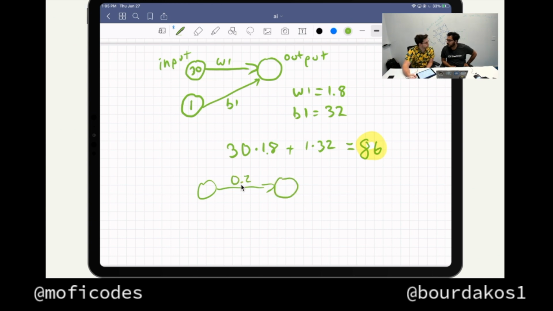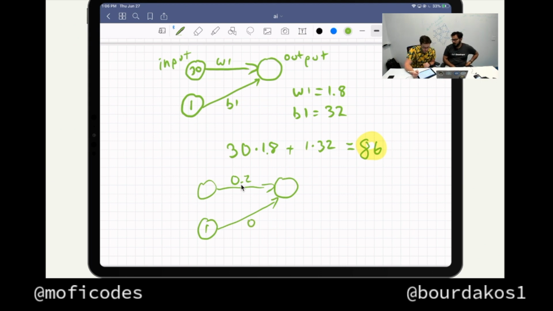That 0.2 could be any number, actually. It's completely random, and it'll be different every single time you start training your model. It could be 1.3, 99, sky's the limit. And then our bias is normally initialized to 0.